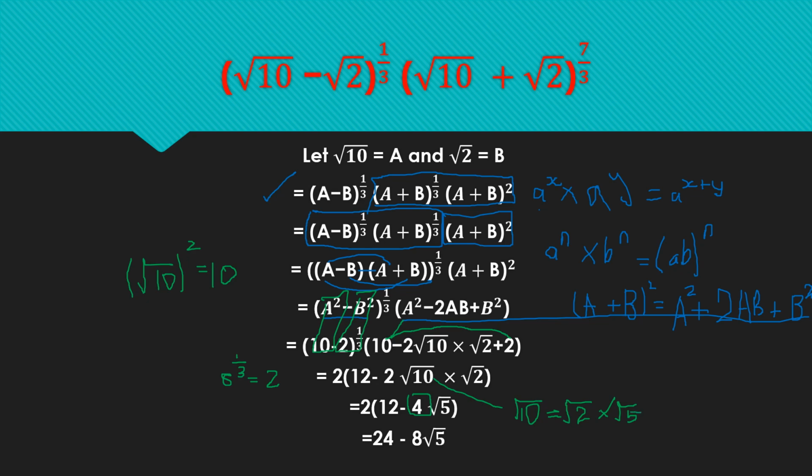Then I take this root 2 and this root 2 and I can already form 2. And this 2 and this 2 make 4. And there we have the answer, 24 minus 8 root 5. I hope you enjoyed this question. Let's move on to the next question.